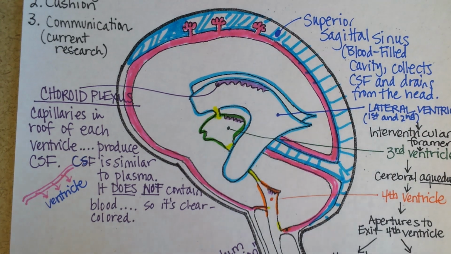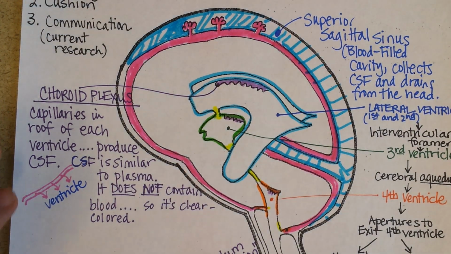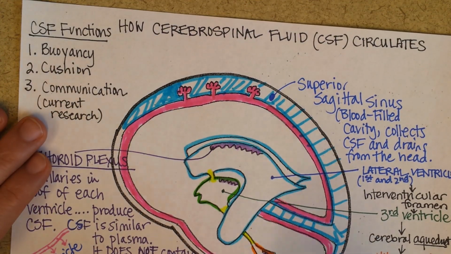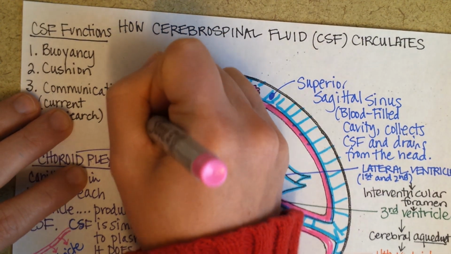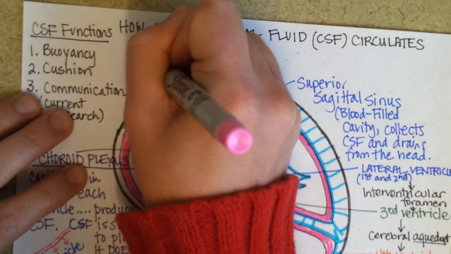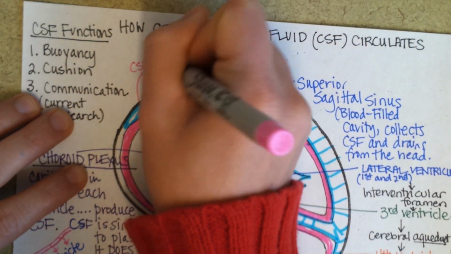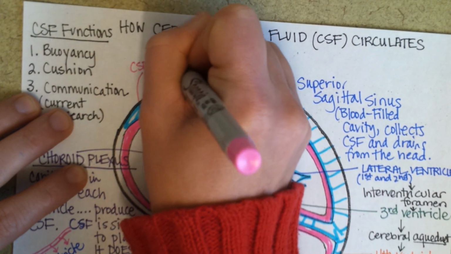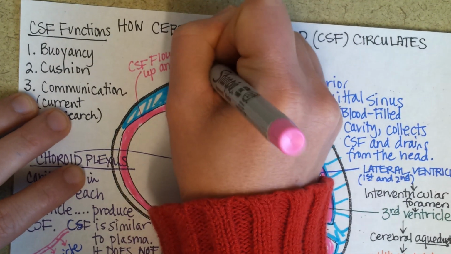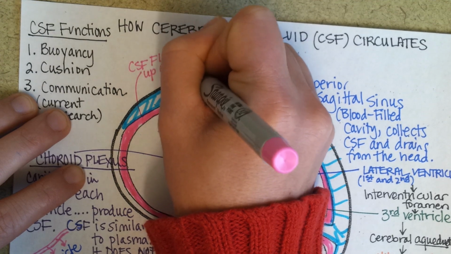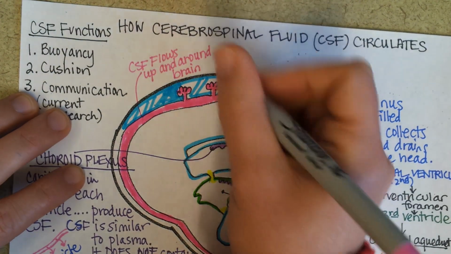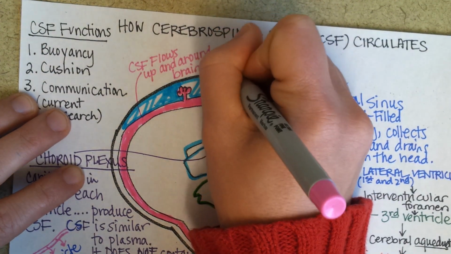Okay, so in pink, try to fit all this up at the top here. The CSF flows up and around the brain in the subarachnoid space.